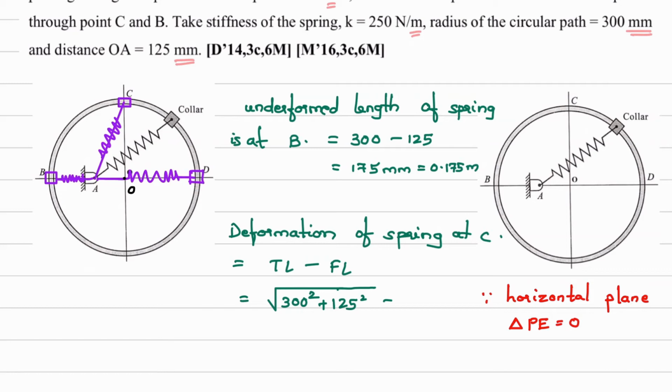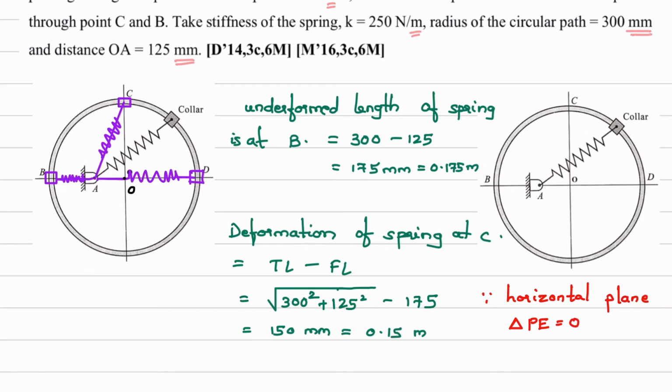What is free length? We have already calculated, it is 175 mm. So we can calculate deformation of spring at C. That value is 150 mm, which is equal to 0.15 meter.